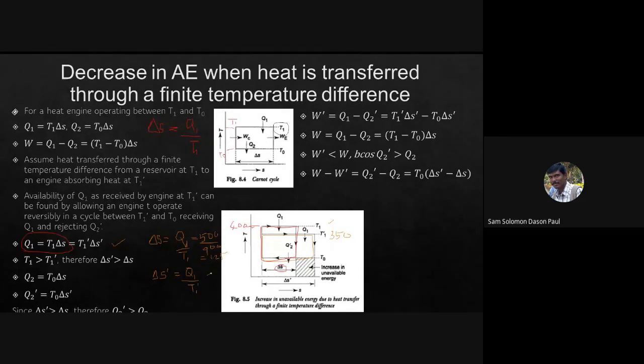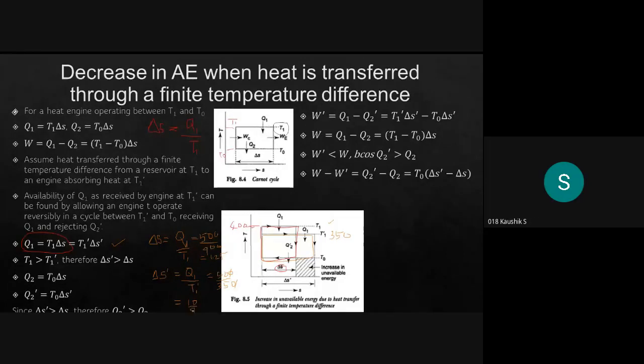What about here? This will be 500 divided by 350. Can anyone compute this and tell me? This would be 10 divided by 7, so 1.428.